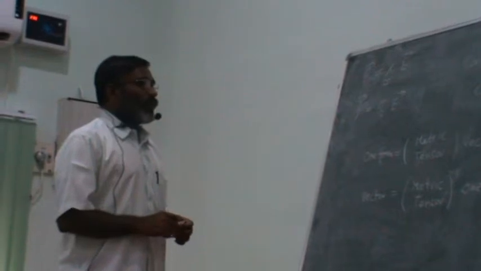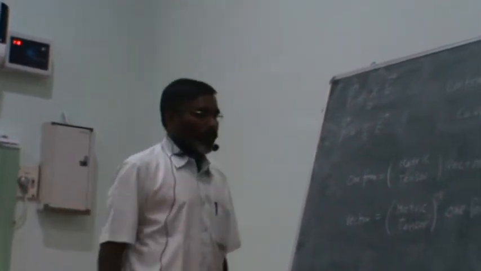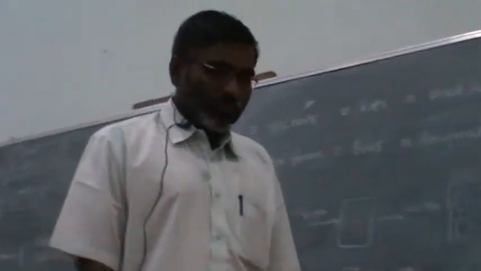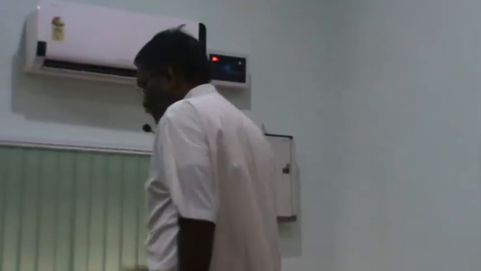Okay, so maybe we can just do one simple problem and understand how the tensorial nature of these physical quantities will give rise to some physical effects. We will do the moment of inertia tensor definitely, but before that I will try to show you how birefringence comes as a consequence of the tensorial nature of the dielectric tensor.